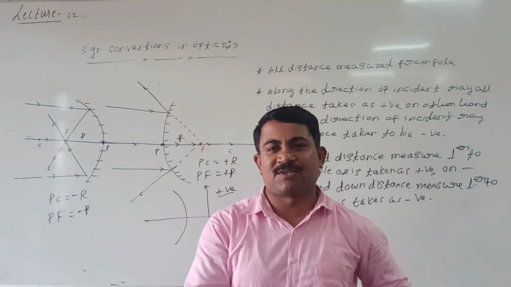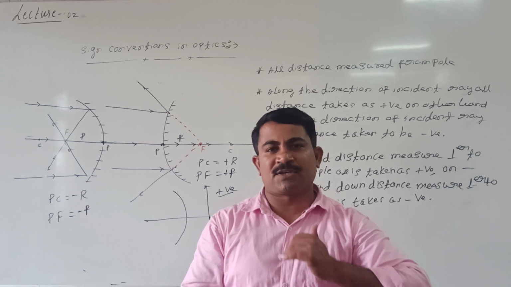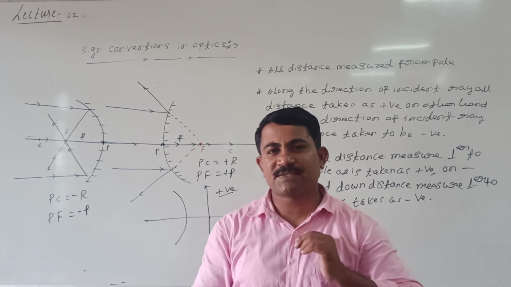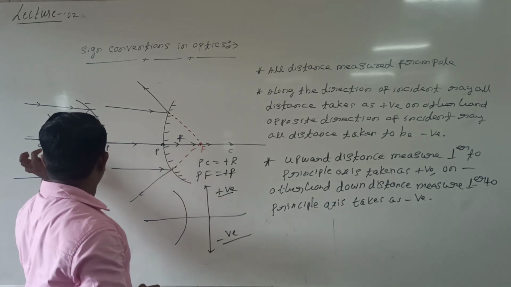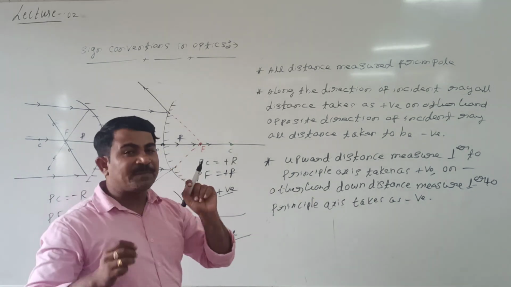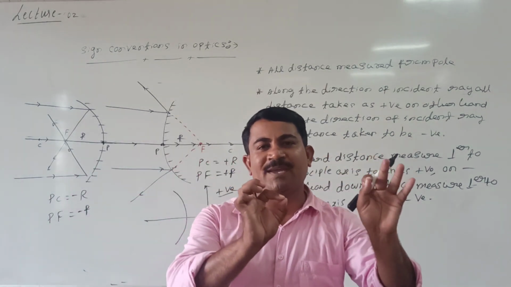These are the sign conventions. But we also use some conventions, some rules, in optics. The rule is, along the direction of the principal axis, this we are calling the principal axis. Are you following? Along the principal axis, the ray of light is never deviated.